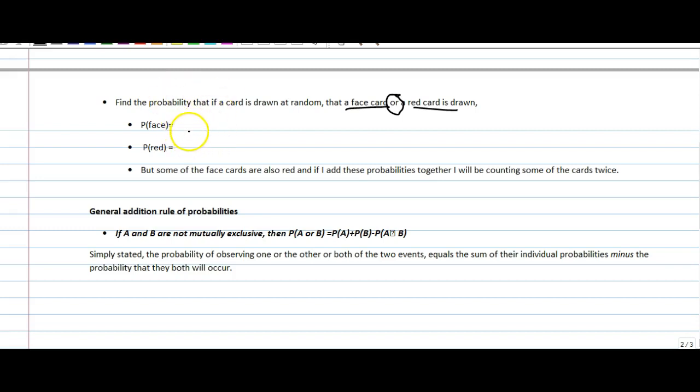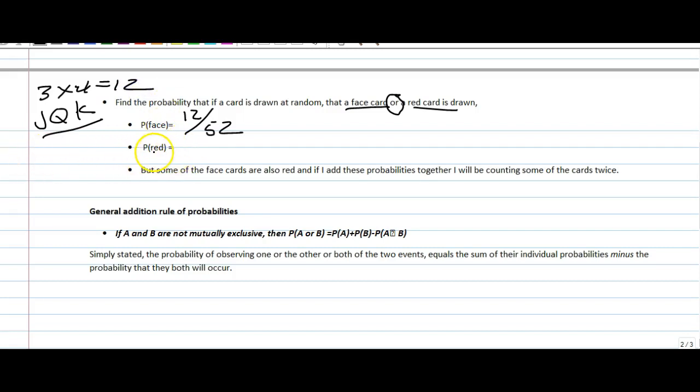But these events are not truly mutually exclusive, and I'll explain to you why. Well, the probability of getting a face card is 12 out of 52. Remember, the face cards are Jack, Queen, and King, and there are 3 of those, and there are 4 suits, so that's a total of 12 face cards out of 52.